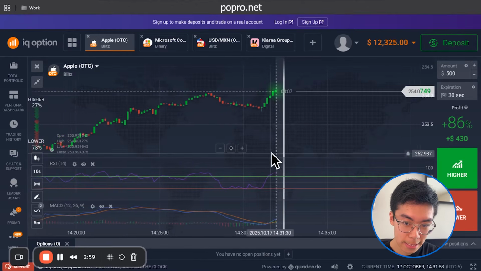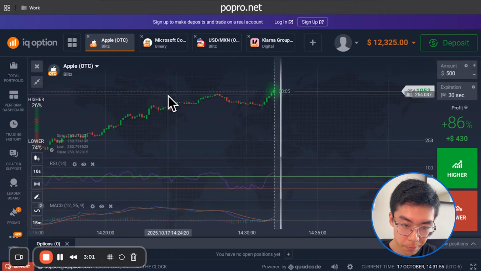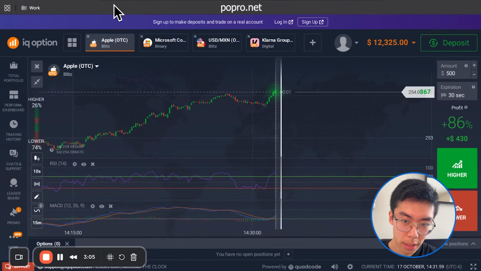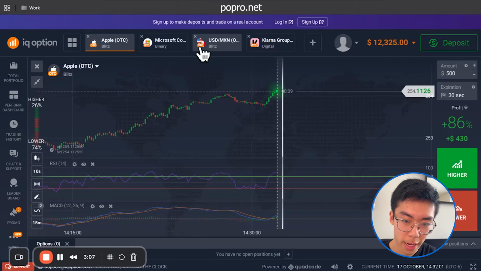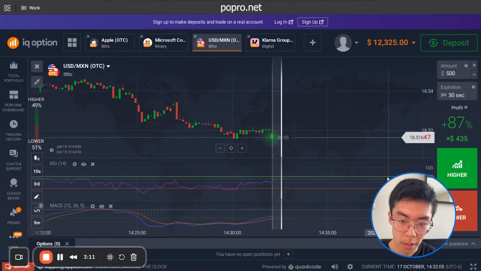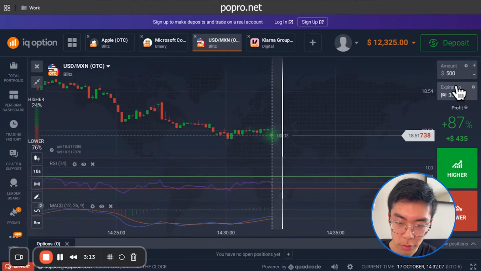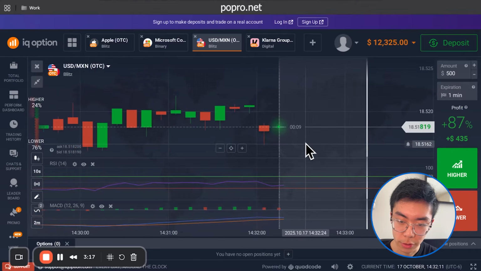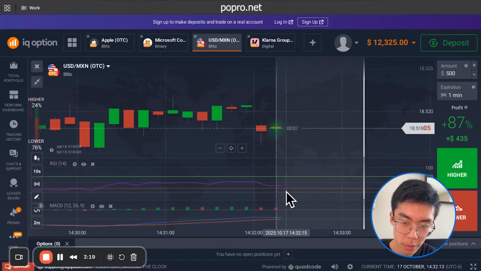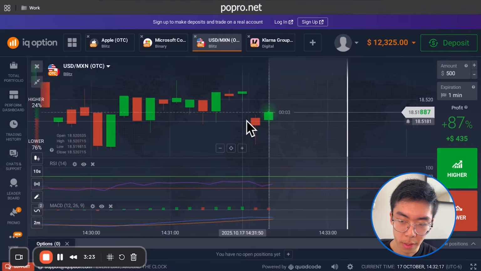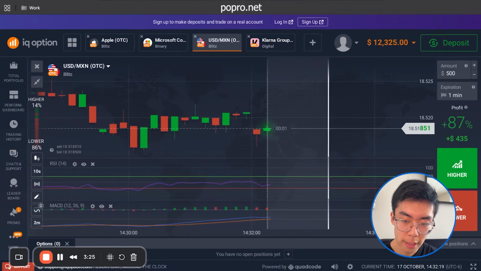It's just a little bit too high for me right now. It's an all-time high, I believe, right here. So I will not buy right here, but let's say USD pesos might be decent to buy relatively soon with a 1 minute expiration. The reason I'm doing this is because if it hits the 30 level right here, it will, generally speaking, go upwards.